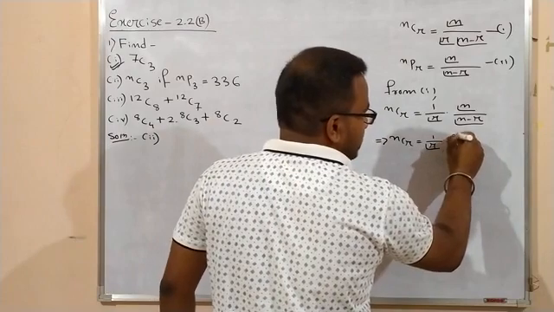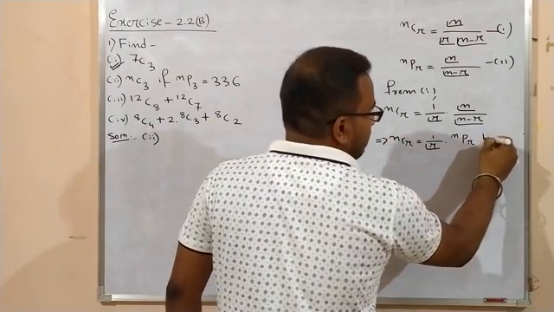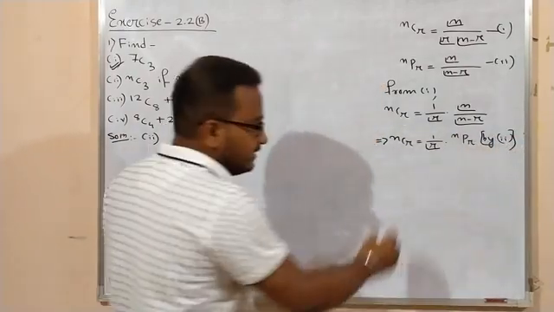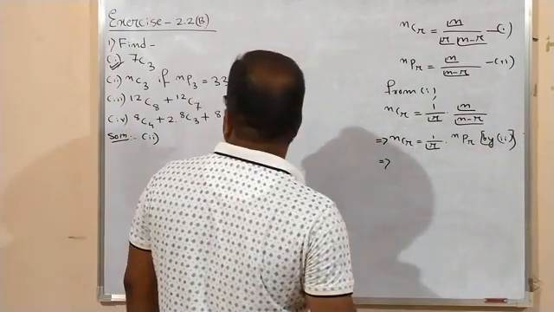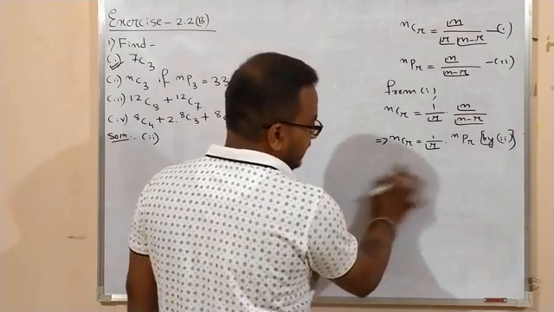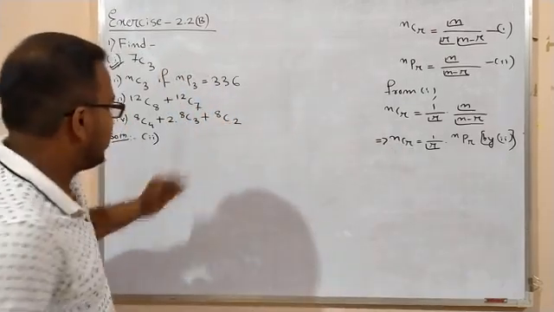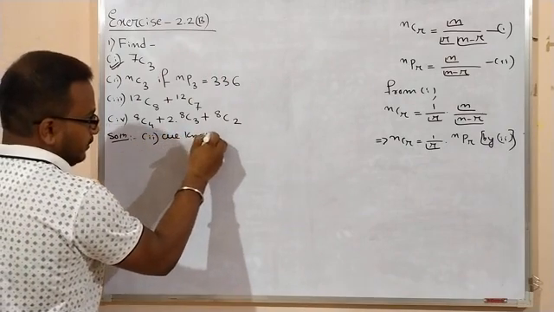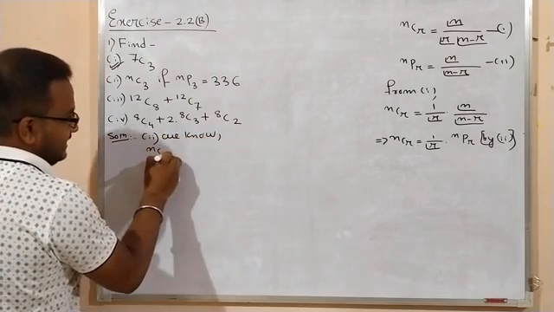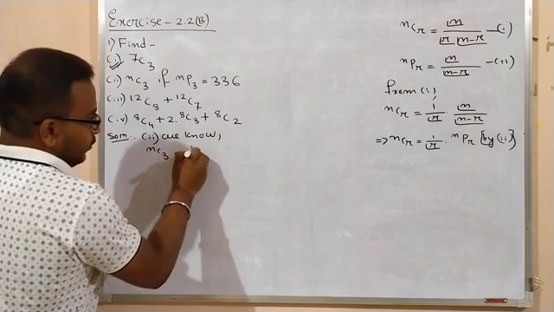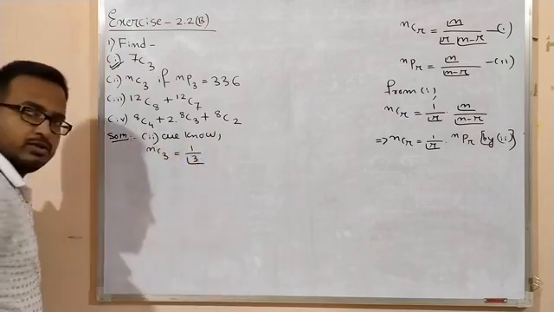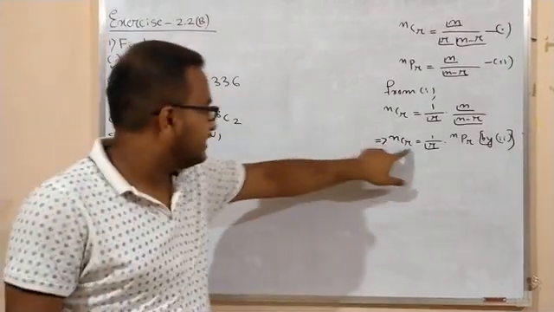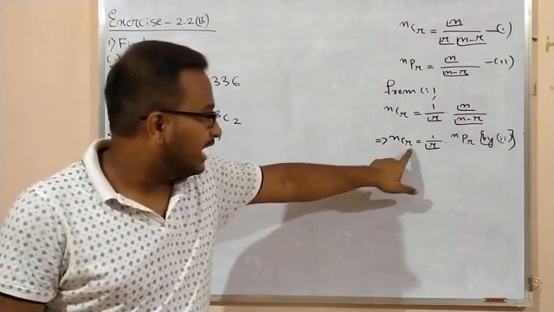So I can place the value here: NCR equals NPR by factorial r. So just use this fact here. We know NC3 equals 1 by factorial 3 into NP3, since here n is n but r is 3.